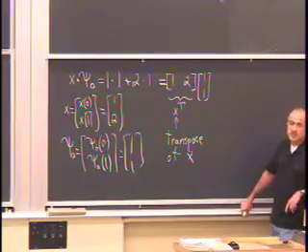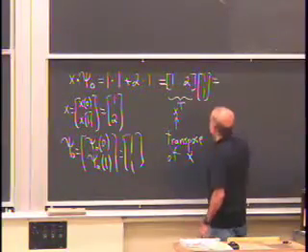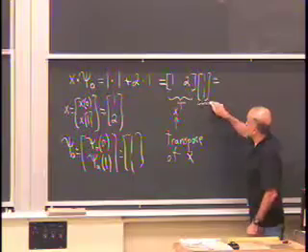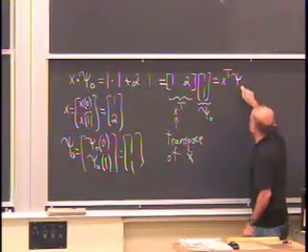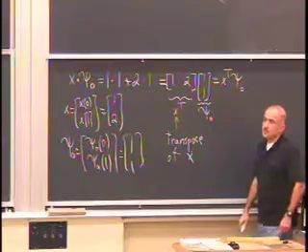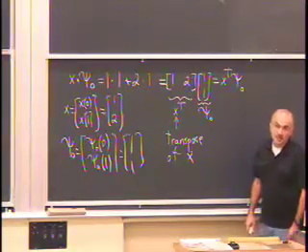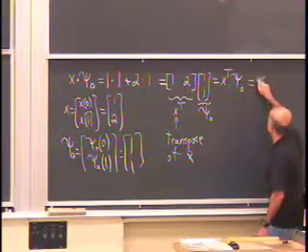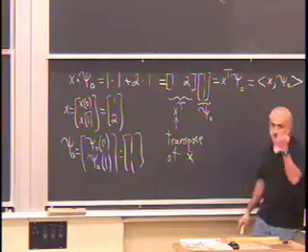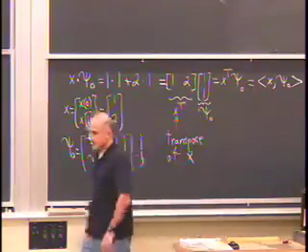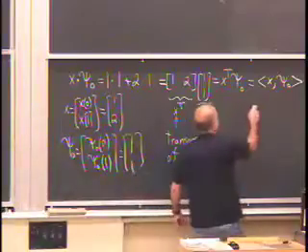Serves you right for being geeks and being ahead of the game. And this, of course, is C0. So this is X transpose C0. The corresponding notation for inner product is X, C0. That's what we're going to get into our terminology. This is the inner product.